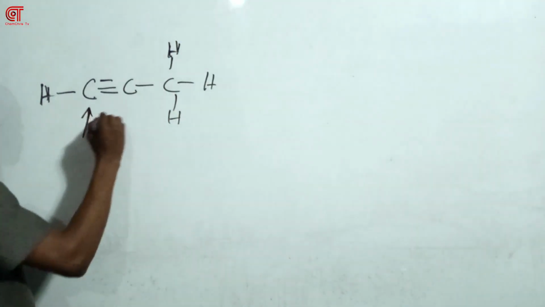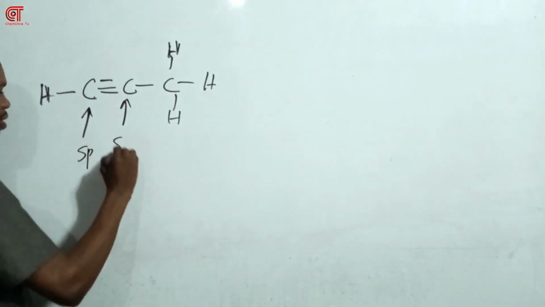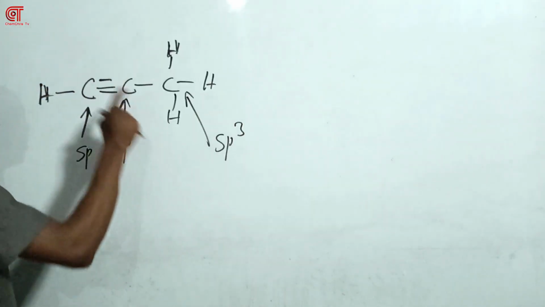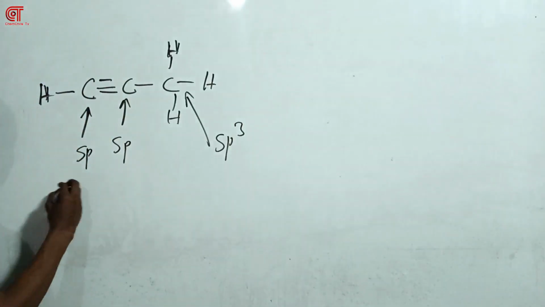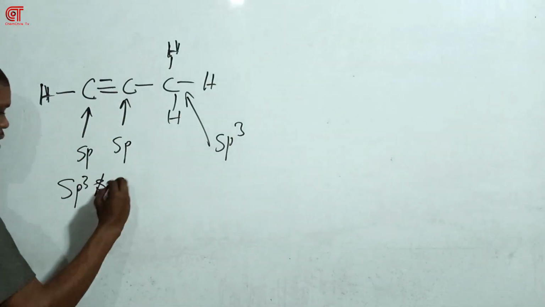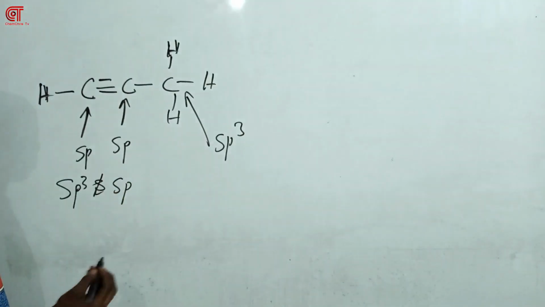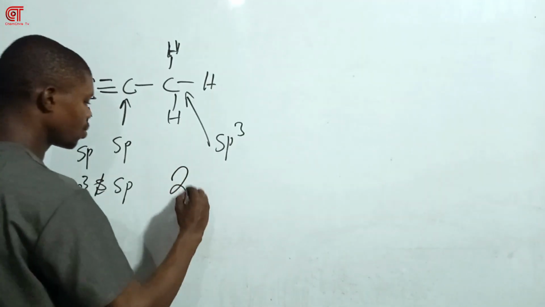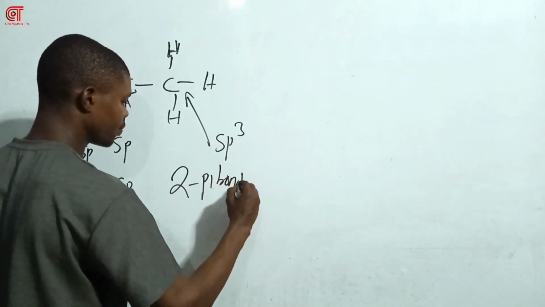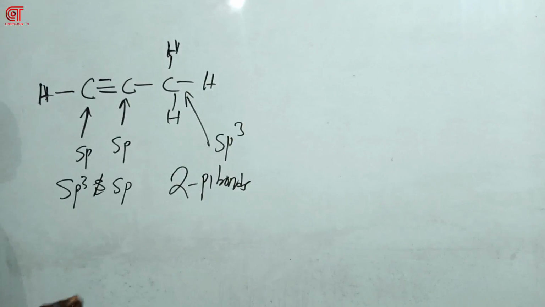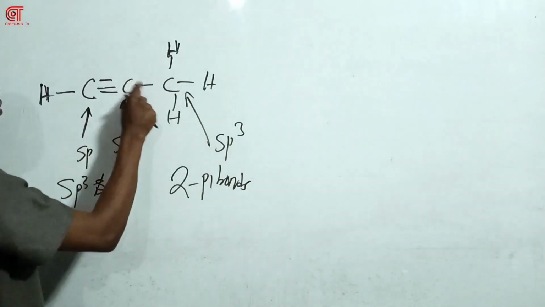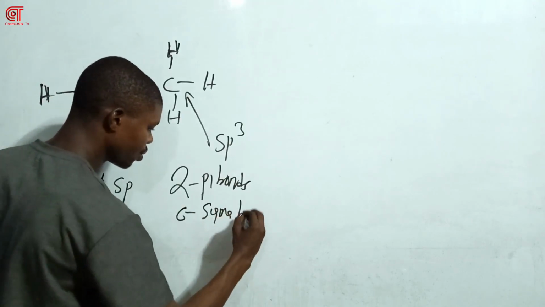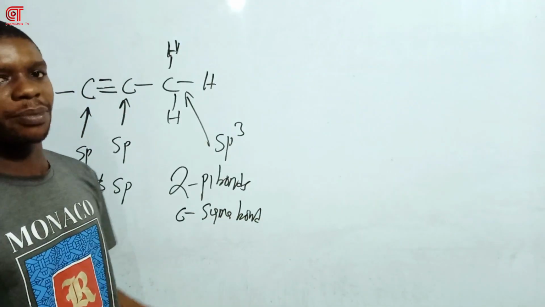So these two carbons are sp and sp, and here is sp3. So the hybridizations that occur here are sp3 and sp. That is it. How many pi bonds? We only have two pi bonds. How many sigma bonds? Here we have one, two, three, four, five, six. Six sigma bonds.